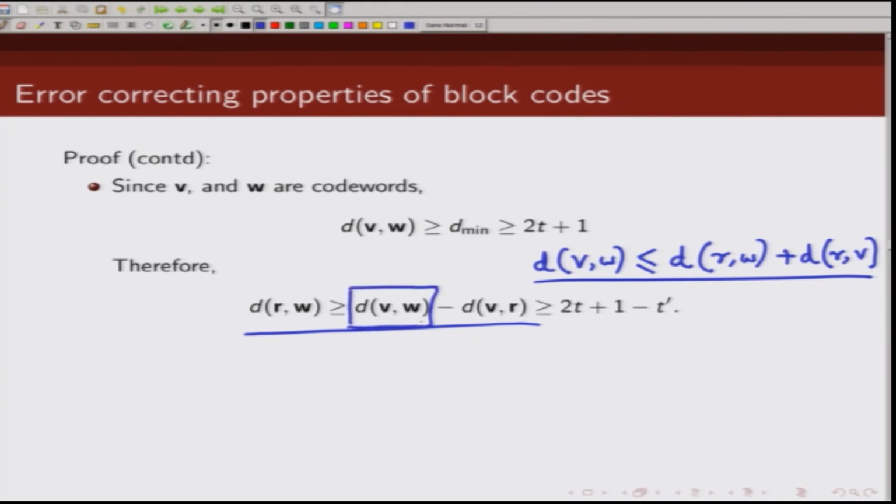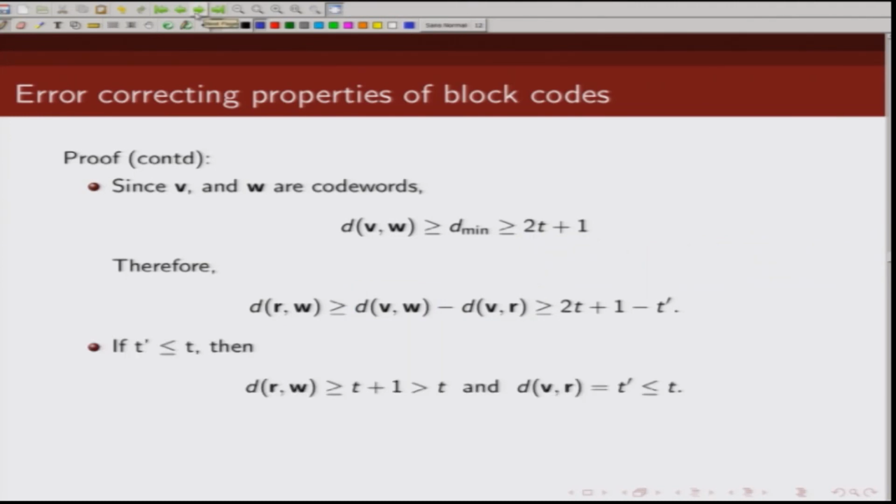Hamming distance between V and W. The Hamming distance between V and W is at least equal to 2t plus 1. And what is the Hamming distance between the transmitted code word and the received code word? We denote it by t dash. So, then Hamming distance between R and W is given by 2t plus 1 minus t dash.